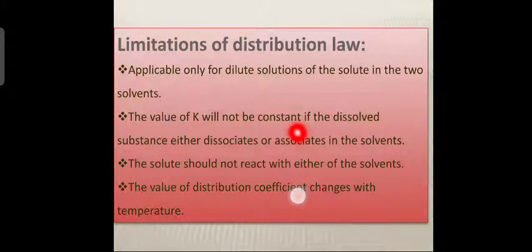What do you mean by association? Two or more molecules combine to form one single molecule. Dissociation means one compound splits up into two or more compounds. So if there is dissociation or association, this constant ratio will not remain constant, that is the meaning.